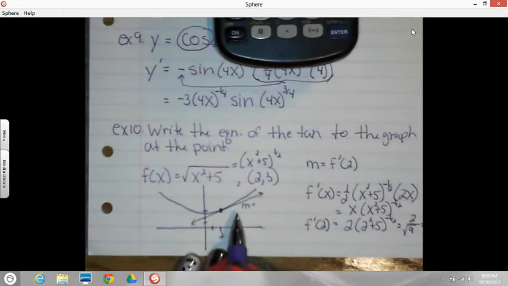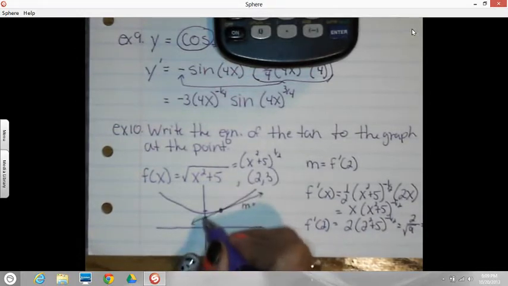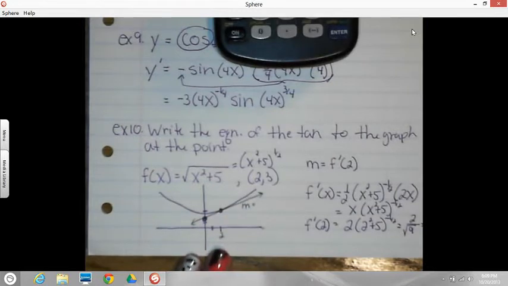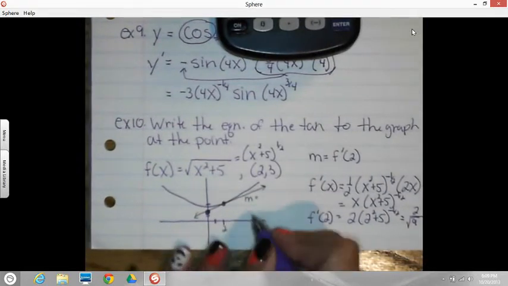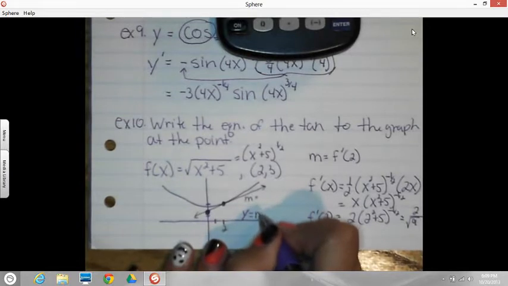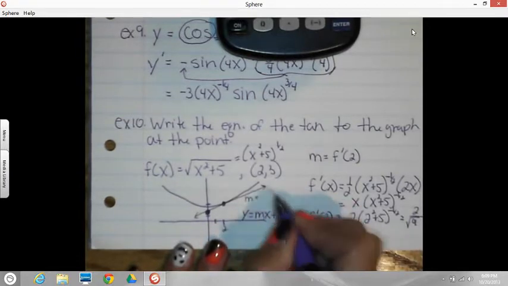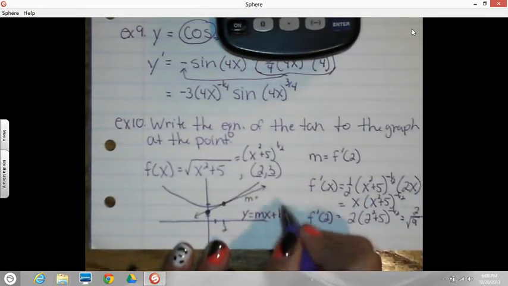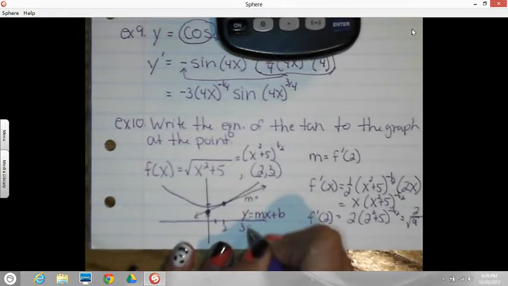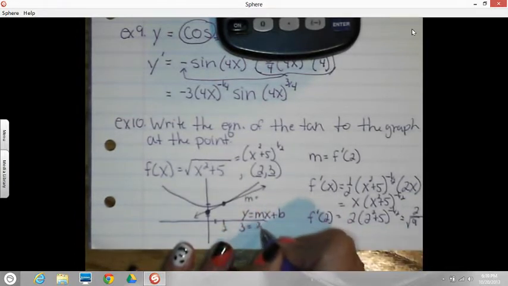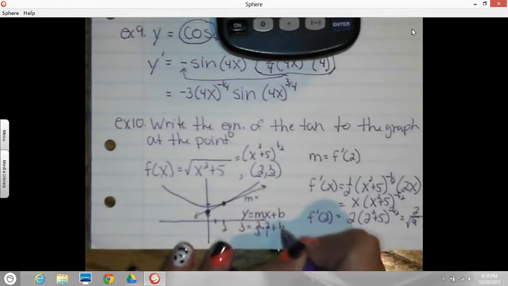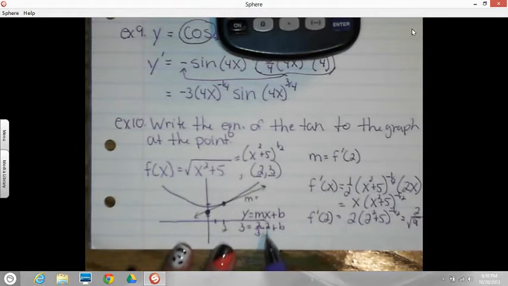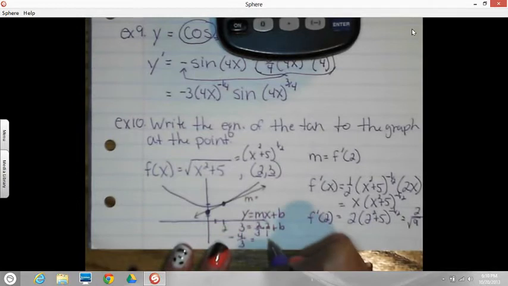Now I just have to find the b value. I don't know exactly where that crosses, but I can find it. Y equals mx plus b. We've got an x and a y on the line. We have the m now, so we can find the b. So y is a 3. m we just found was 2/3. x is a 2. I'll make it 2 over 1 plus b. So that's going to be 4/3. So if I subtract 4/3 from, that'll leave me with b.